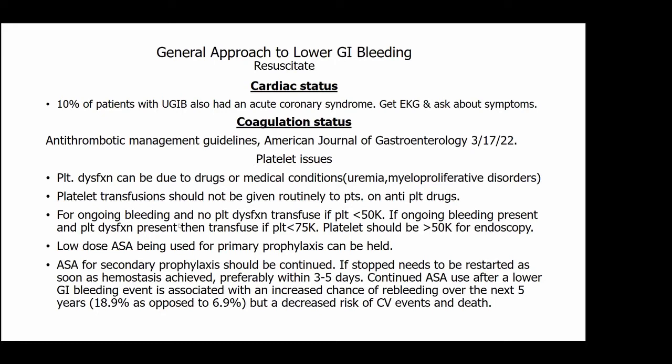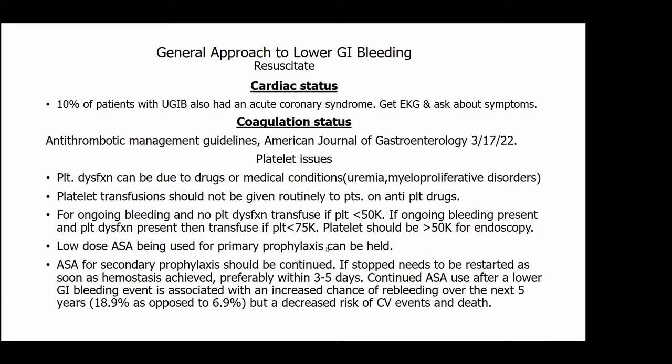For ongoing bleeding, but no platelet dysfunction, they should be transfused if the platelet count is less than 50,000. If there's ongoing bleeding and platelet dysfunction is present, then you should transfuse at a level of 75,000. And we like to have a platelet count of above 50,000 for endoscopy so that we can do our therapeutic maneuvers safely.